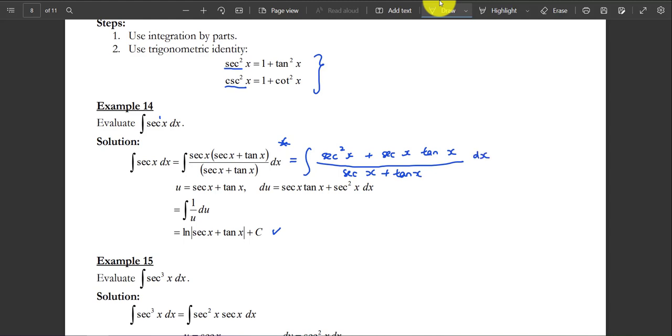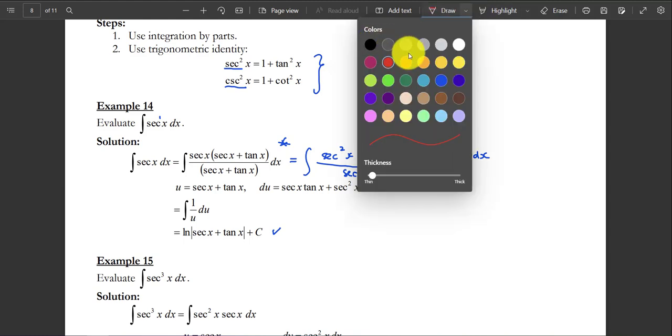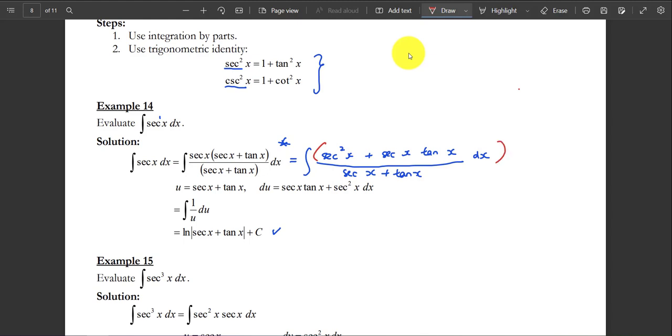So secant square x plus secant x tangent x dx at the numerator can be substituted with du. So we can rewrite our integration into du over u, and then directly integrate 1 over u to get ln u. So u is substituted back: ln of secant x plus tangent x plus c. Okay, so this is for secant power 1.